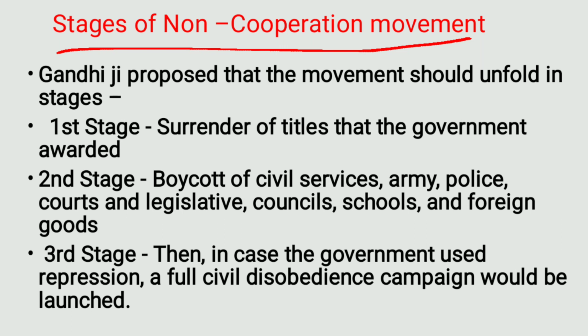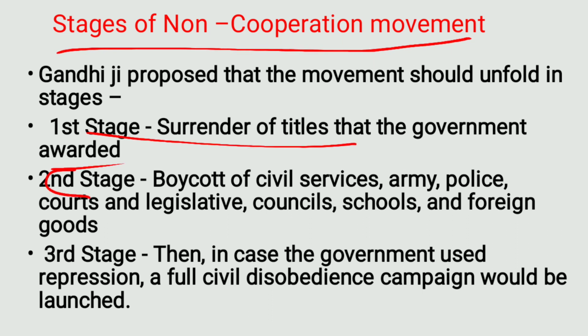The first stage is the surrender of titles that the government awarded, means the government awarded different titles to different persons. He wanted all these titles to be surrendered to the government. Okay, this is the first stage.